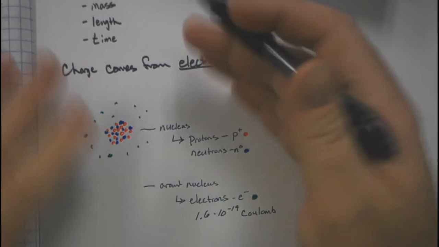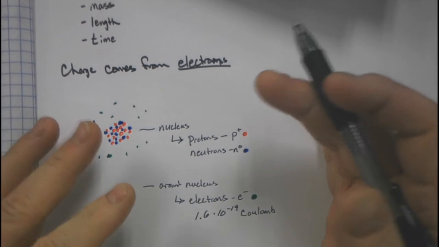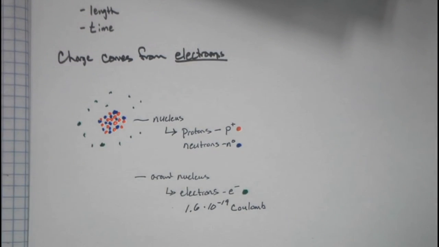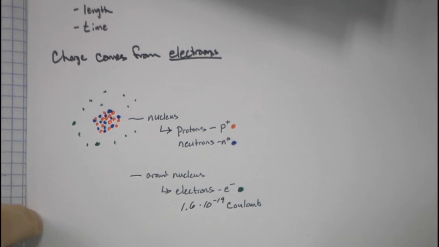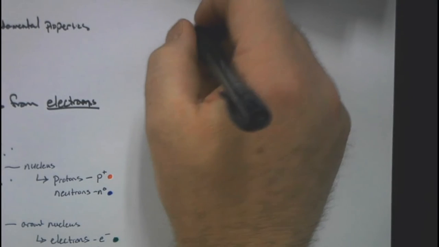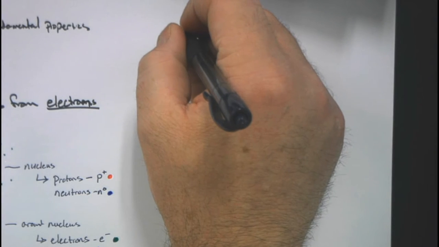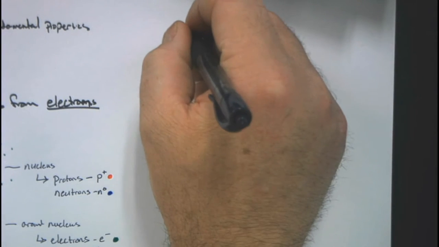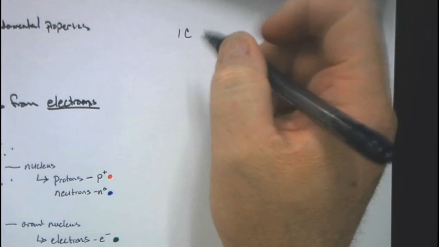So this is how our charge exists today. But this isn't how we dealt with it to begin with. In the beginning of our study of electricity, we found out what this unit of a Coulomb was. We defined this basic unit of a Coulomb as sort of an arbitrary amount.